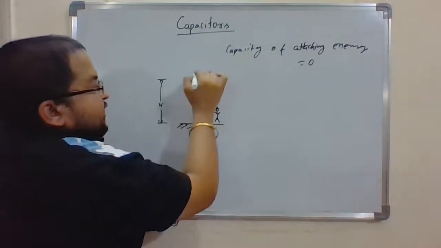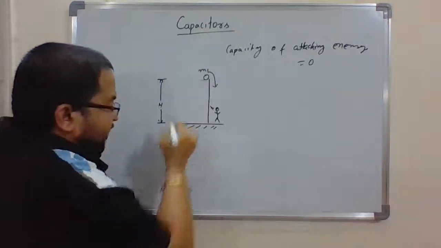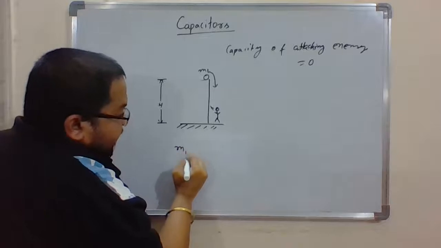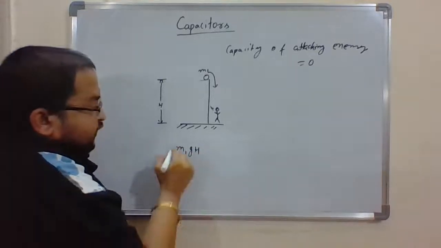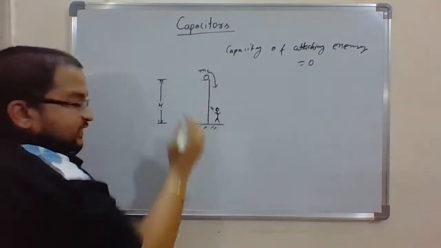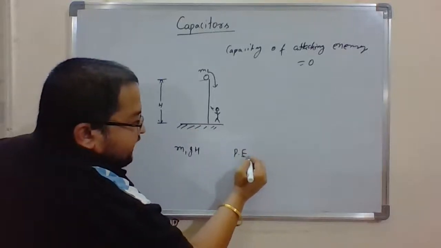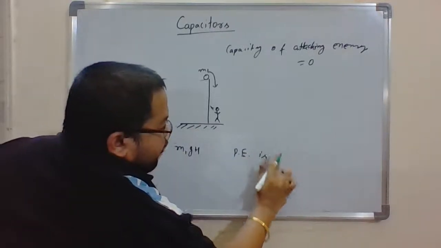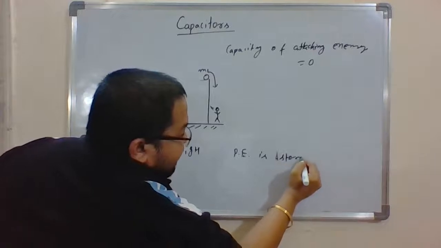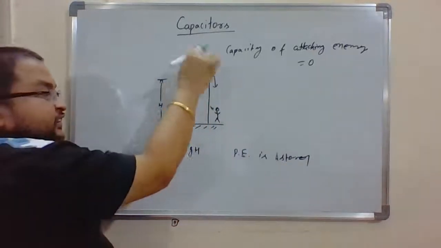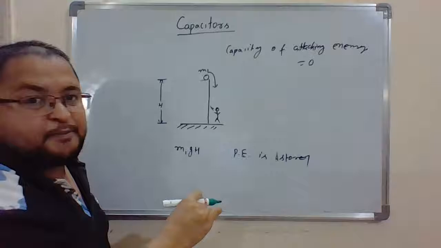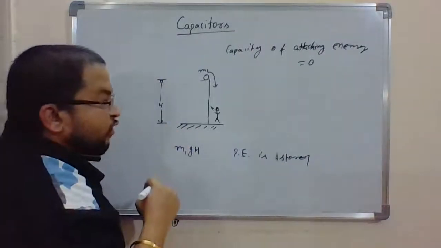Now, when one stone is kept here, suppose its mass is m1, we know that m1gh, this much potential energy is stored, and this can be used to attack the enemy if there is an attack on the fort.